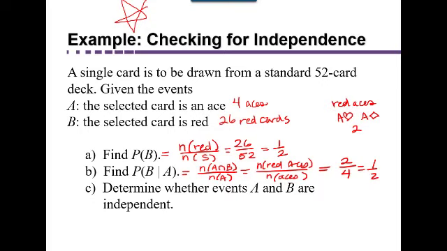Okay, so we said there are 2 aces that are red out of 4 altogether. So that's 1/2 as well.